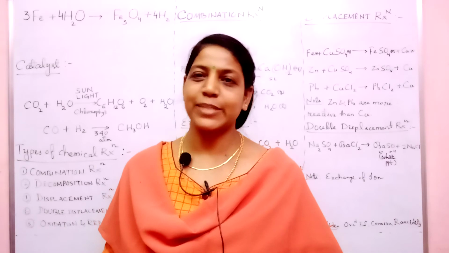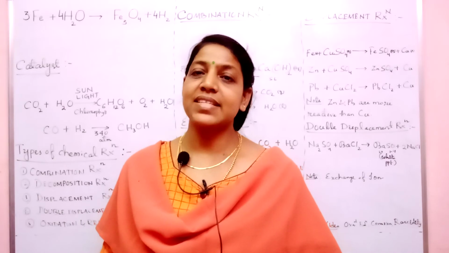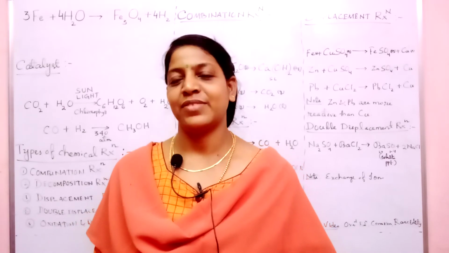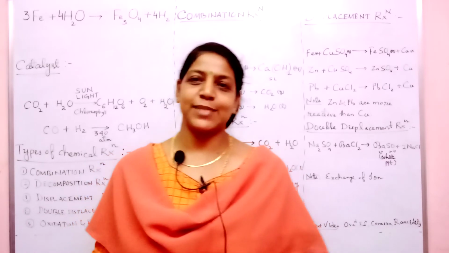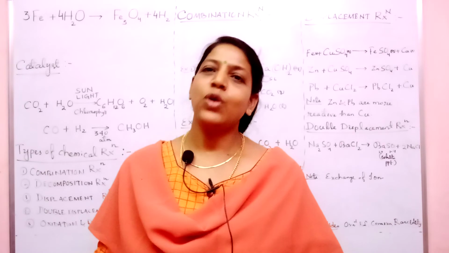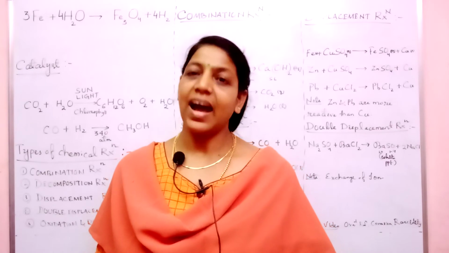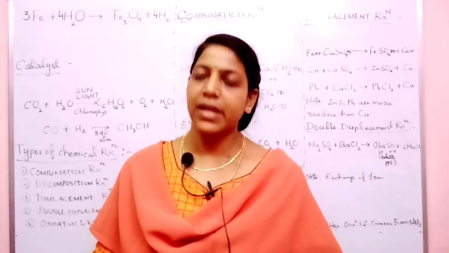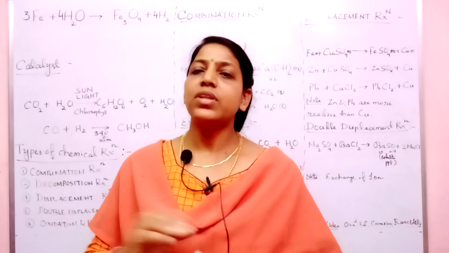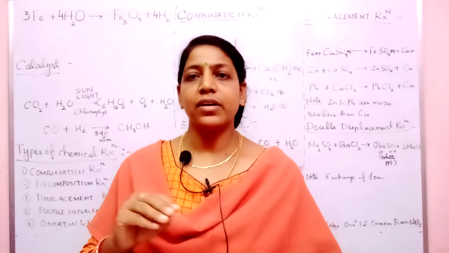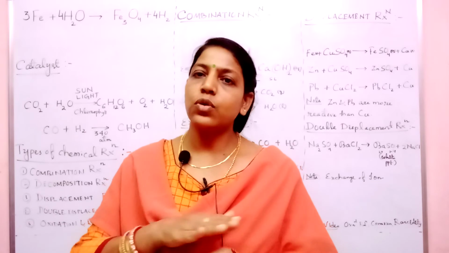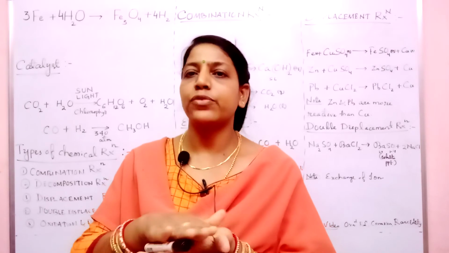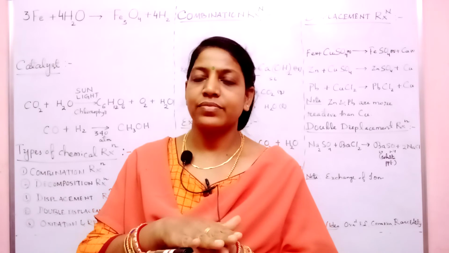Clear about displacement reaction? Next is double displacement reaction. What do you mean by double displacement reaction? It is the same kind of displacement, but it happens with two elements. Along with that, in a double displacement reaction, when you do the reaction, some things which are not soluble will just go and settle down at the bottom of the beaker.